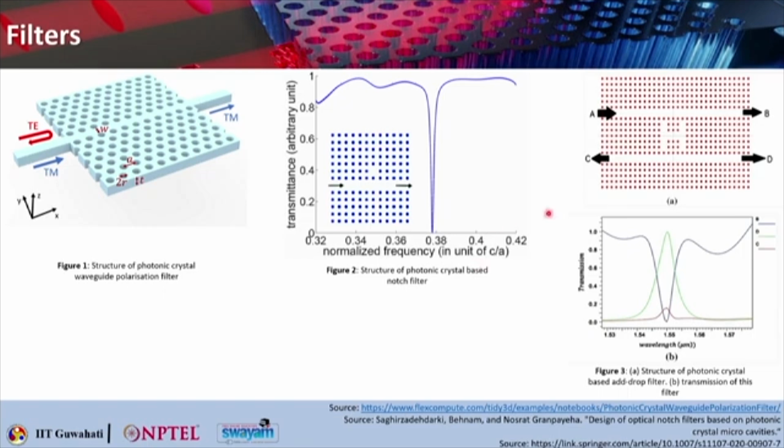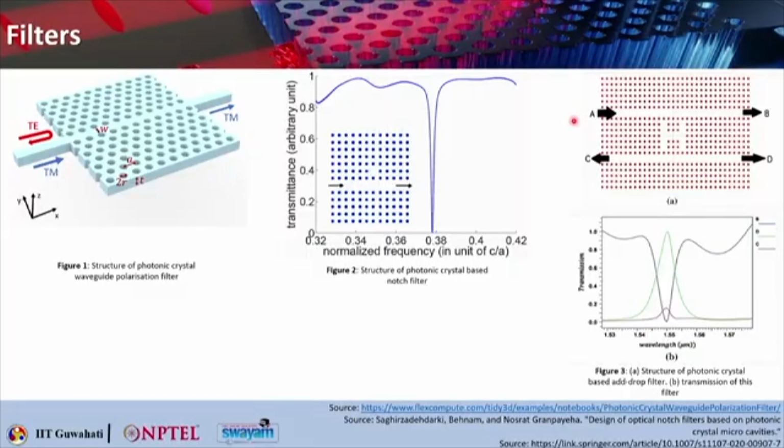The other one is the add drop filter. An add drop filter is a key component in optical integrated circuits that can be used in all-optical communication networks and wavelength division multiplexing (WDM) systems. The quality factor, coupling efficiency, transmission efficiency and coupling length are important parameters in this add drop filter.